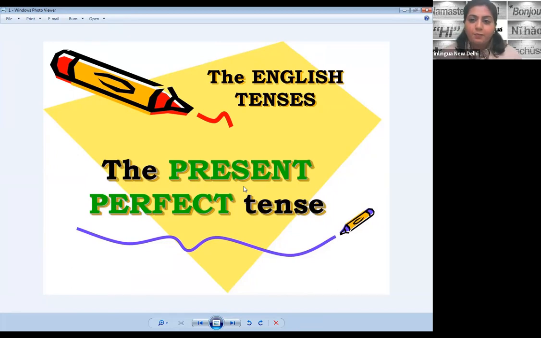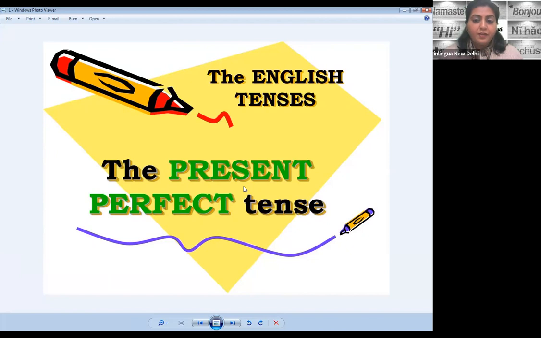So what does the present perfect really mean? The present perfect means the present and the past together. For example, an event happened in the past. That becomes the past tense.